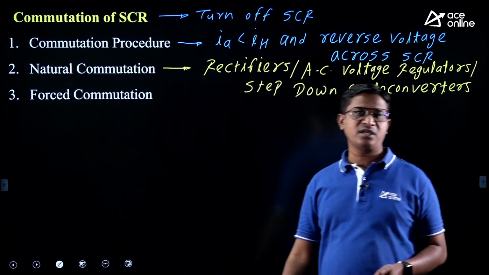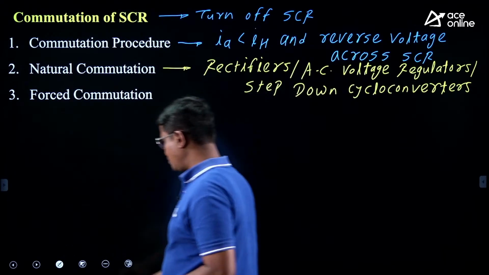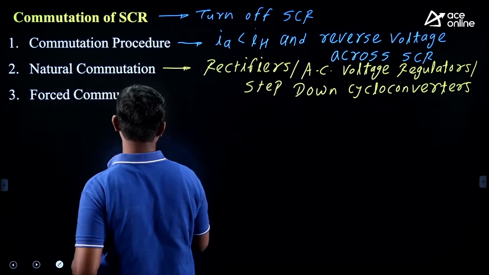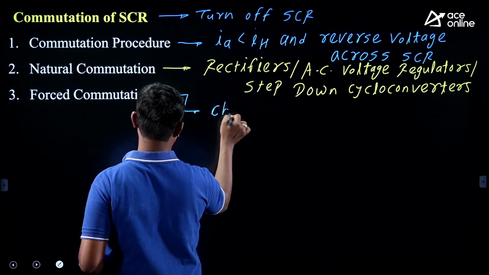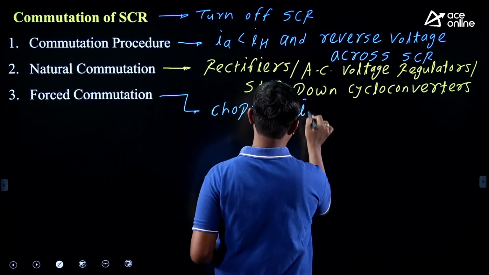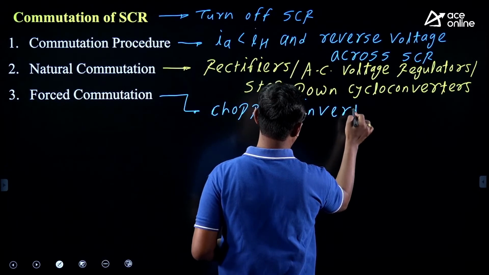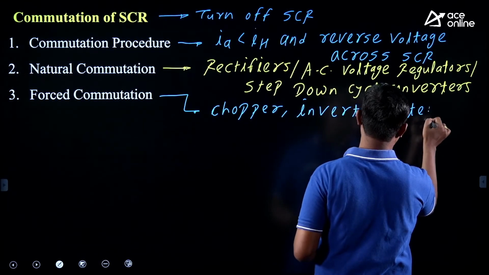Next, forced commutation. Forced commutation is used in the circuitries where the input is a DC. Suppose you have a DC to DC converter, that is a chopper, an inverter, and a step up cycloconverter.